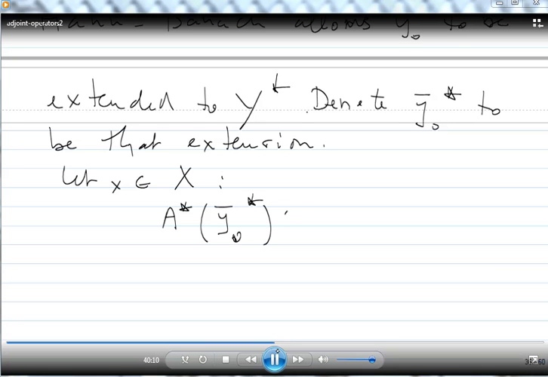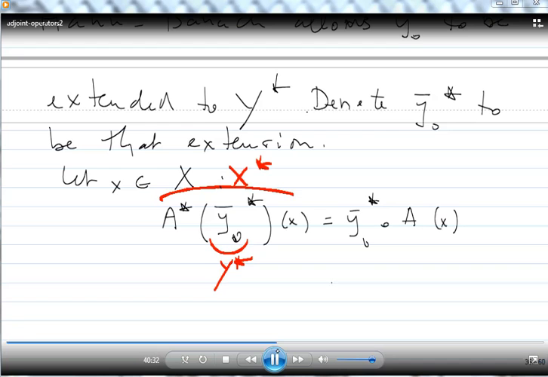This one belongs to Y star, and this one belongs to X star. So we can take this function at x, which is now y0 bar star composed with A at x, that is y0 bar star of A of x.